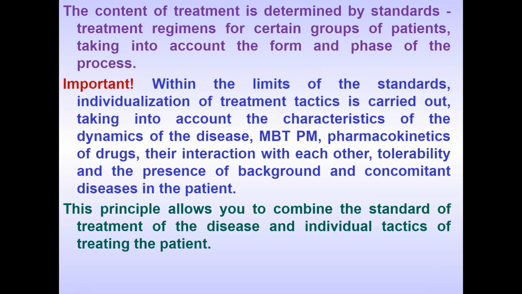It is very important that, within the limits of the standards, individualization of treatment tactics is carried out, taking into account the characteristics of the dynamics of the disease, pharmacokinetics of drugs, and so on. This principle allows you to combine the standards of treatment of the disease and the individual objectives of treating the patient.